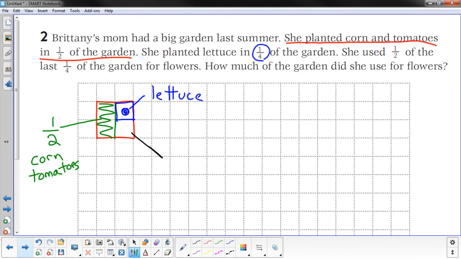In here, she used half of that section for the last fourth. So she only used half of it, not the whole thing. She used this little piece for flowers.